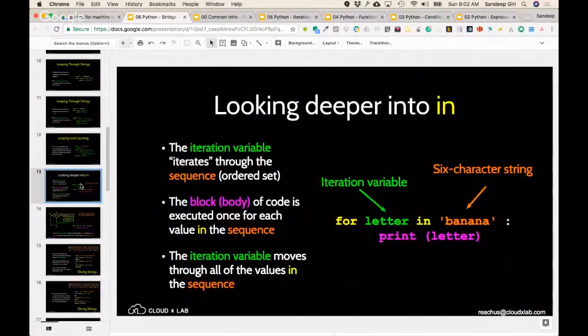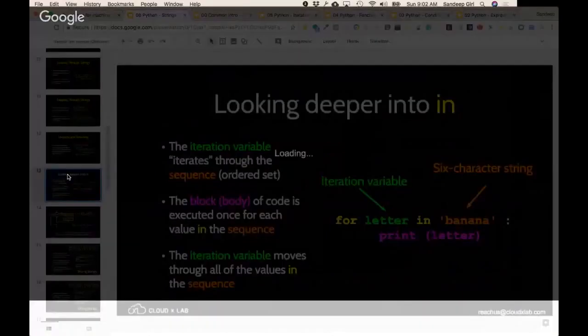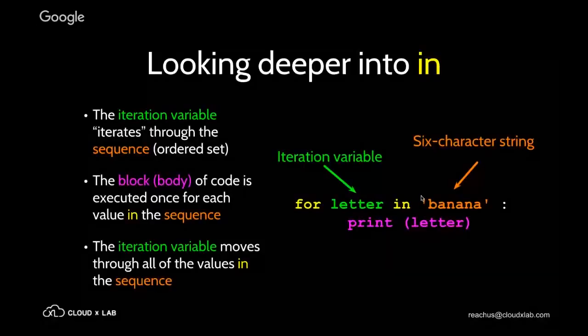All right, let's take a look at what's going on when we are iterating over a string. The iteration variable letter here iterates through the sequence, which is an ordered set. So we are iterating over this sequence.